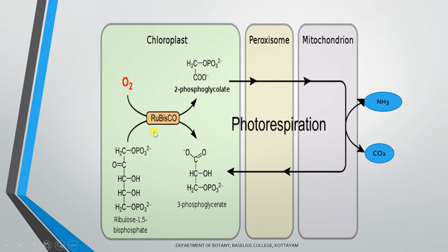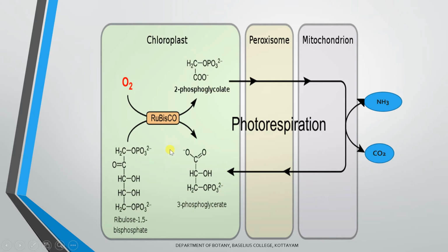Under high temperature and high oxygen concentration, Rubisco shows more affinity towards oxygen. So oxygenation of RuBP takes place, RuBP combines with oxygen. So only 5 carbon is present, and these 5 carbon split into one 3 carbon compound and one 2 carbon compound.